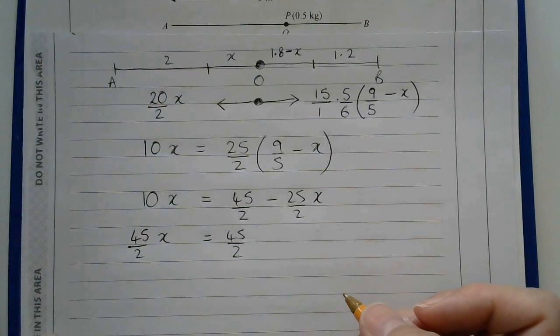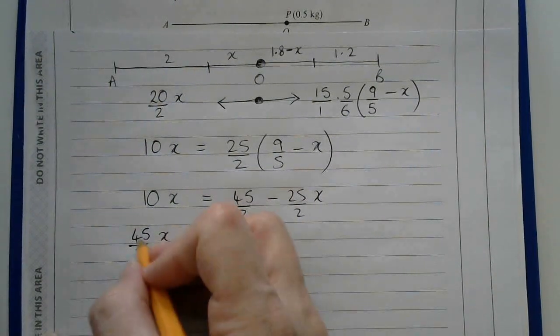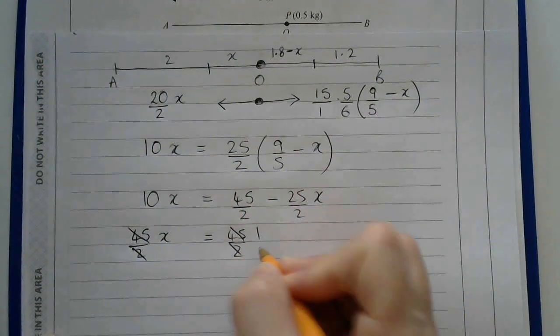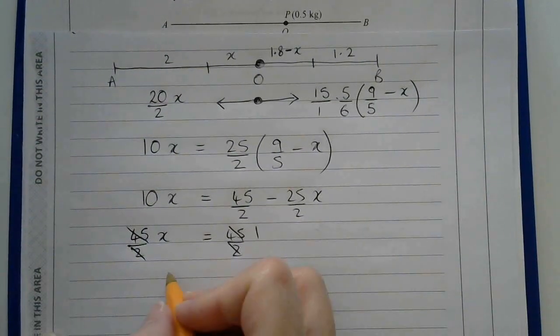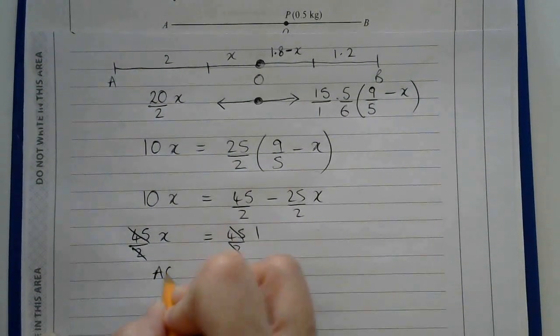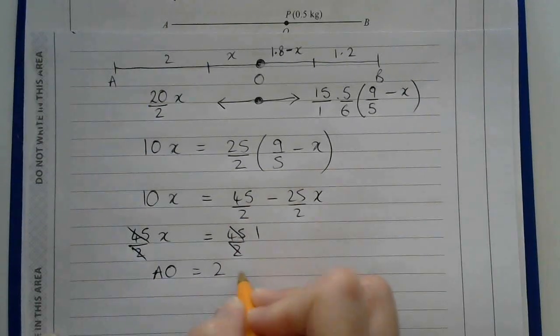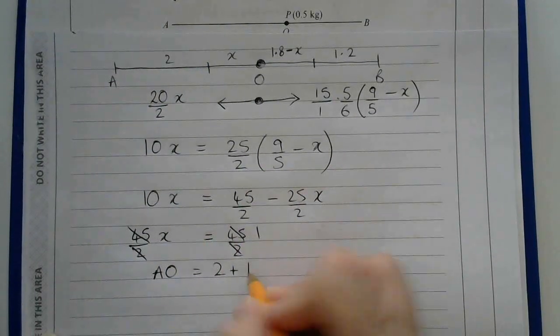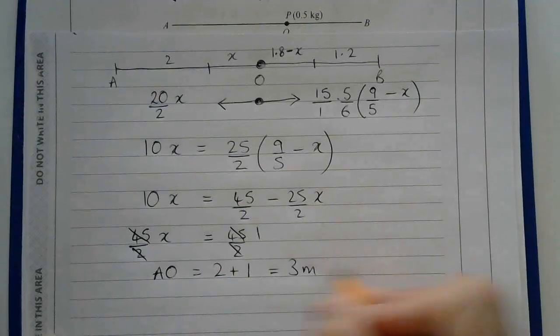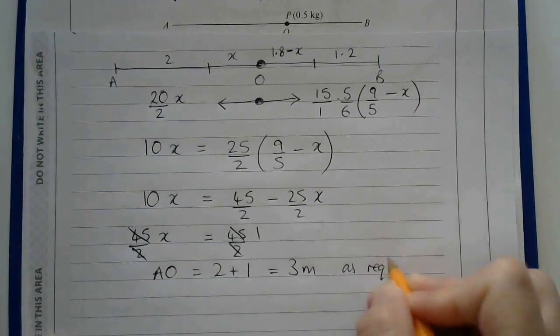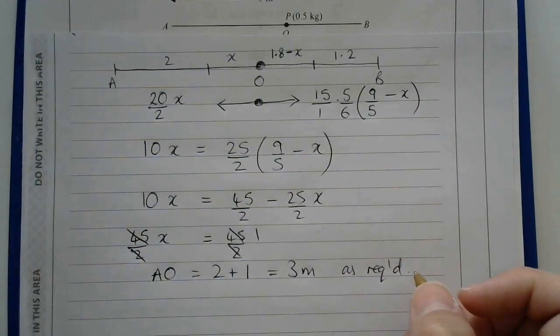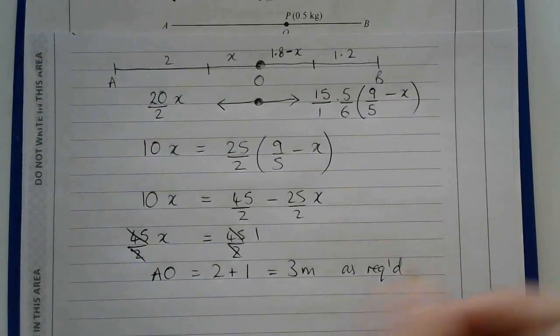Now I can divide both sides by 45 over 2, and I end up with 1. So x is 1, and therefore the length AO is the natural length, which was 2, plus x, which makes 3 meters as required. So that is the first part of the question for 4 marks.